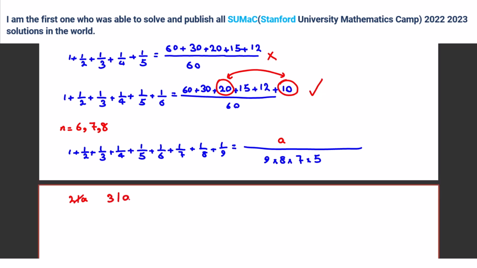What about 3? Does 3 divide A or not? I think also no. Why not? For 1 over 3, you'd multiply by 3. And for 9, you multiply by 1.